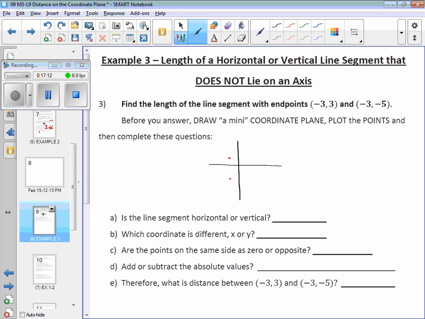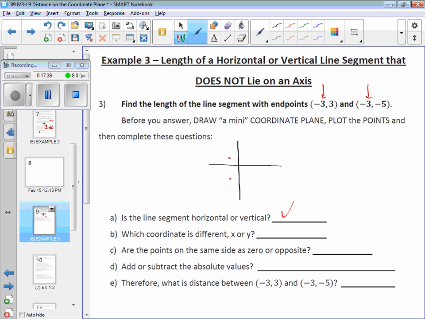Right. Vertical is correct. I think sometimes I get mixed up, like thinking vertical. What about which coordinate's different, the x or the y? Yes, remember, the x's are the same.